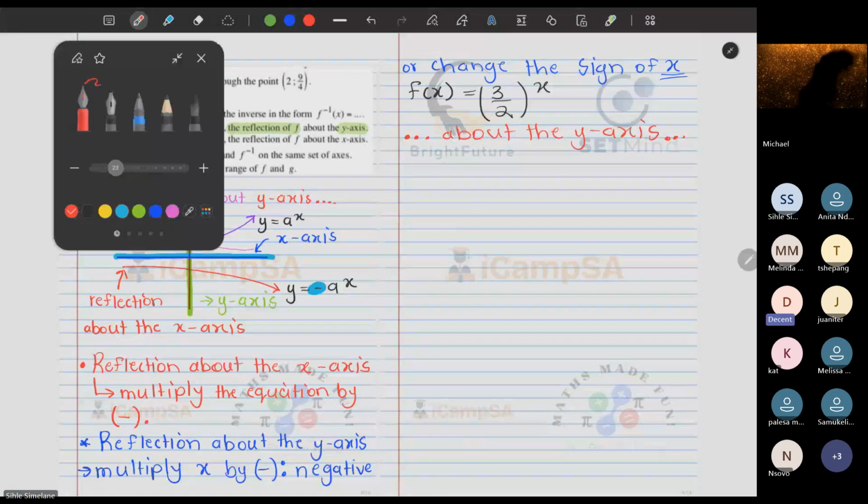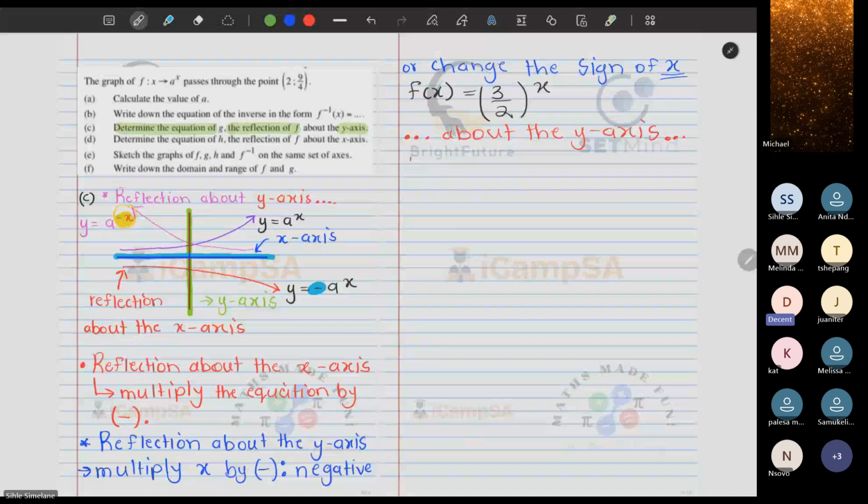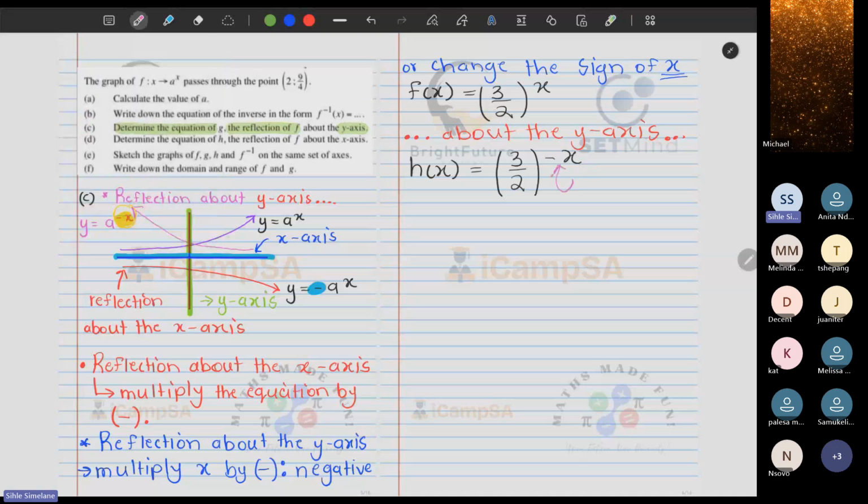Yeah, meaning where there is x, we put negative. Meaning the graph of the reflection in the y-axis will be h of x equals 3 over 2 to the power negative x. Yep, to the power of negative x. You are a genius. So that is what we needed to change, guys.